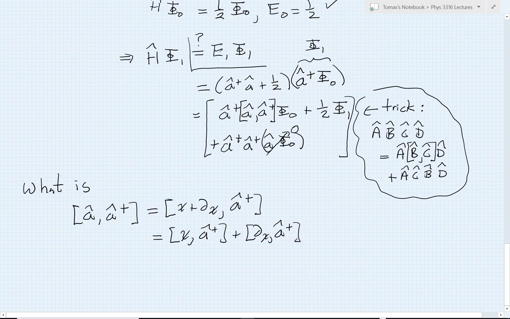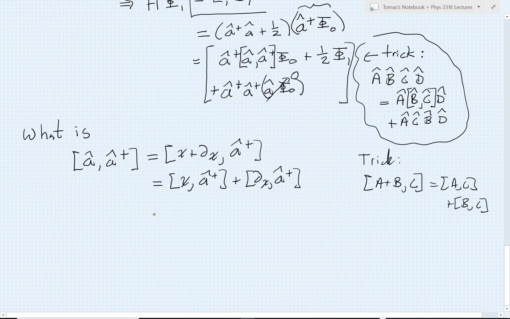If you want to think about this, there's another trick involved, right? All I'm saying is that if I ever have a plus b commuted with c, well, that is just a commuted with c plus b commuted with c. Very common sense type of result.